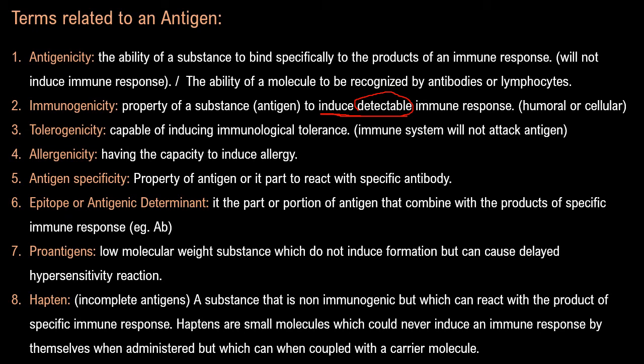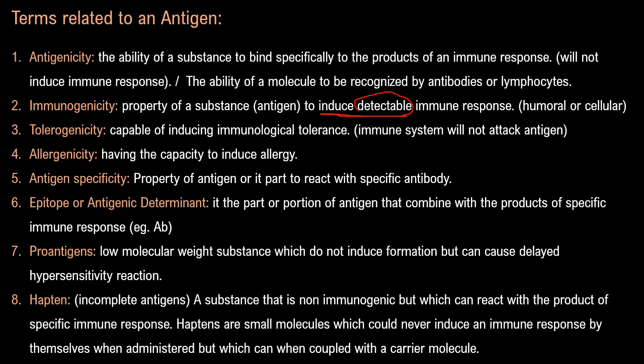It is the part or portion of an antigen that combines with the products of specific immune responses, for example, antibody. Next are pro-antigens: low molecular weight substances which do not induce antibody formation but can cause delayed hypersensitivity reactions.